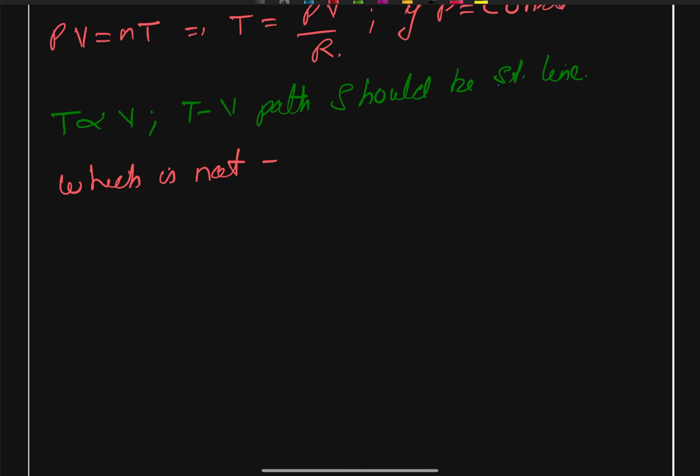So basically it means that pressure is not constant. So if pressure is not constant, thus we can say that it is not isobaric.